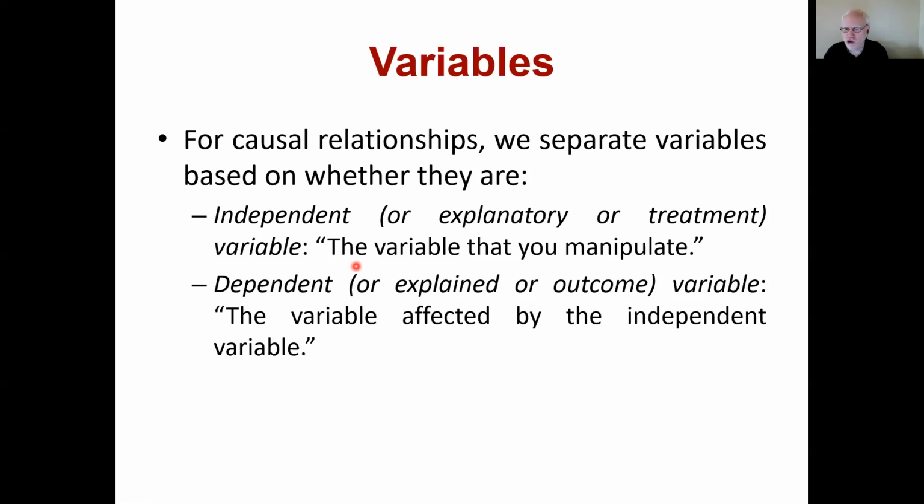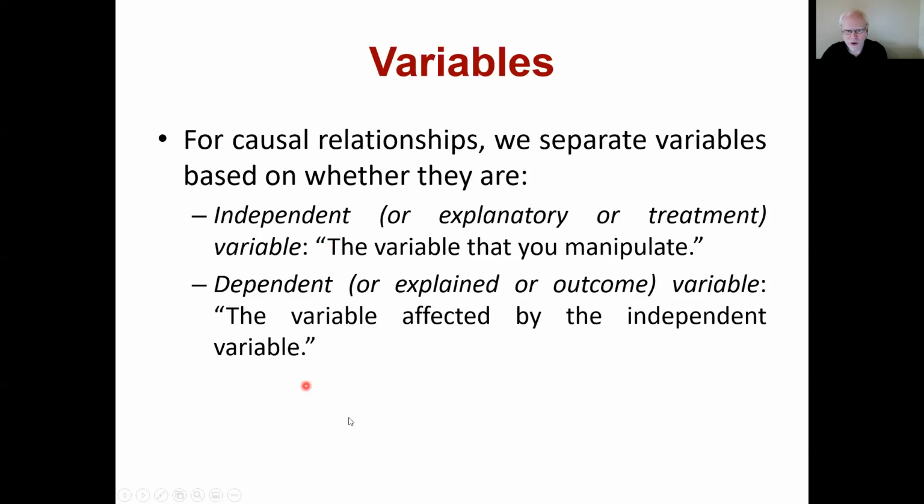It's a variable that produces the change in the outcome. And the dependent, explained, outcome variable is a variable affected by the independent variable. So it's the variable that is changing, that's affected. If we're talking cause and effect, the independent variable is the cause, the dependent variable is the effect.